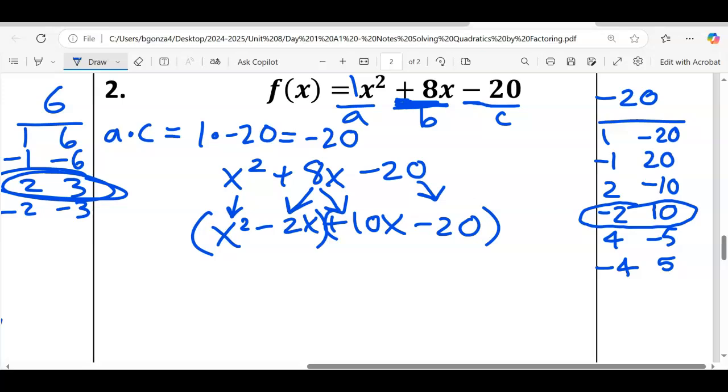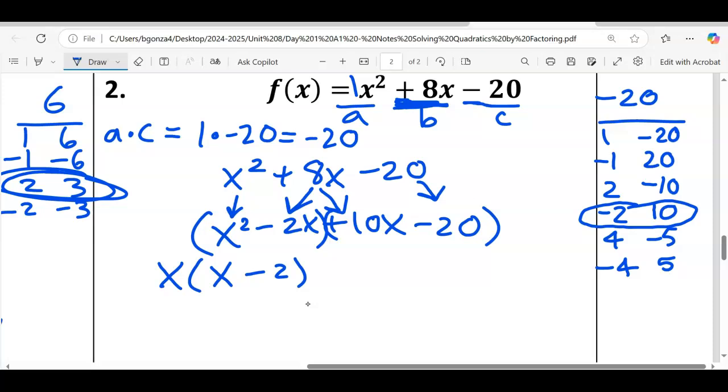So that first pair, the coefficient 1 and 2 does not have a factor, but they both have an x. So I'm going to take out an x. And when I divide x squared by x, I end up with x left over. And if I take negative 2x divided by x, I remove that x and I just have minus 2.